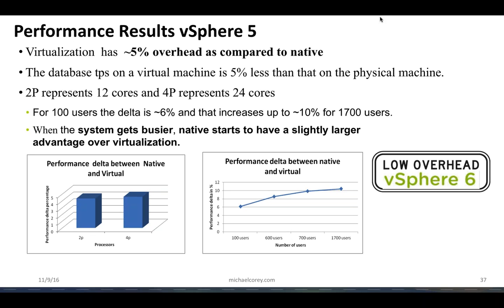So for all intents and purposes, a hypervisor is a lean, mean operating system that also manages other operating systems. Under a hypervisor, you could have Linux, you could have Mac OS, you could have Windows OS. That's the core difference. But we are talking about a very lean, mean hypervisor with less than 2% overhead.